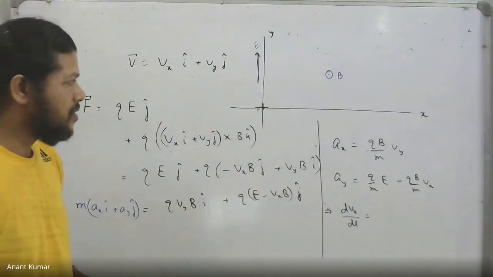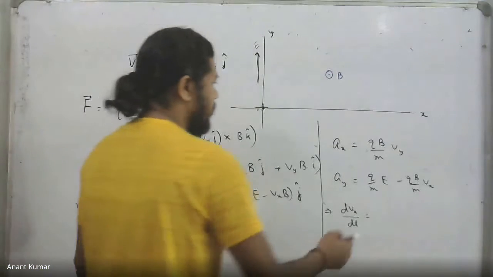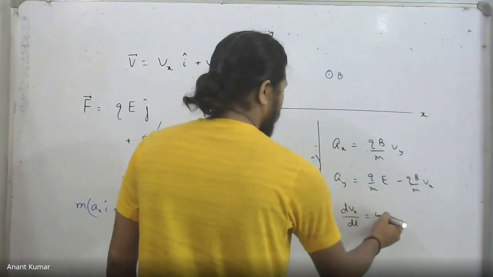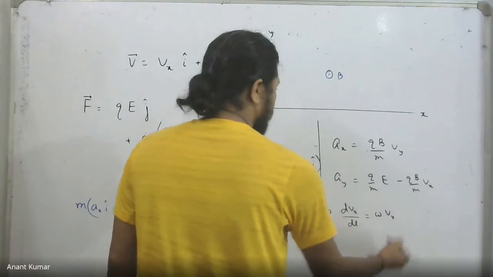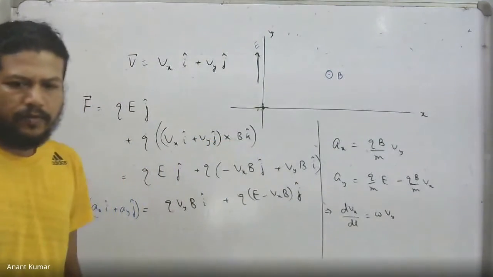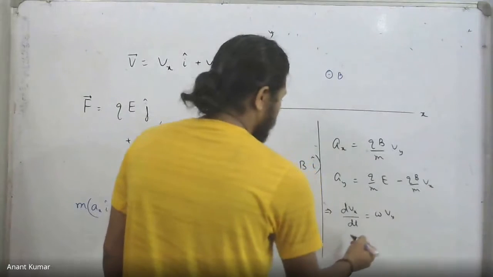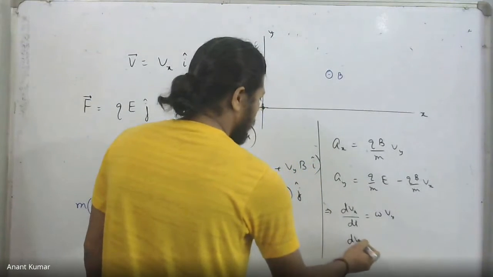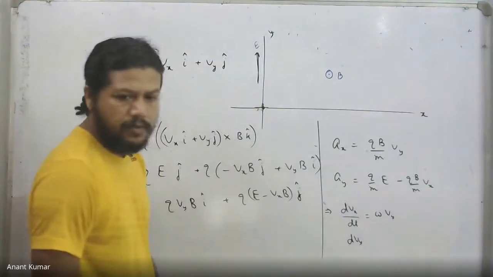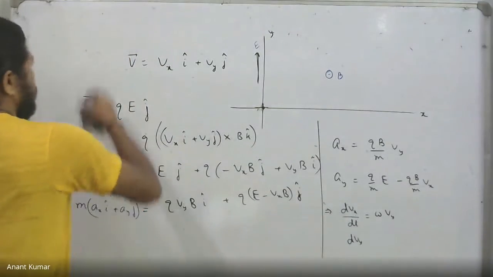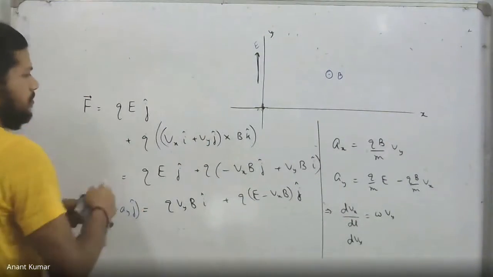So you can write it as omega into vy, where omega is the cyclotron frequency qB upon m. And similarly dvy upon dt, I'll write over there. Let's come up with that.